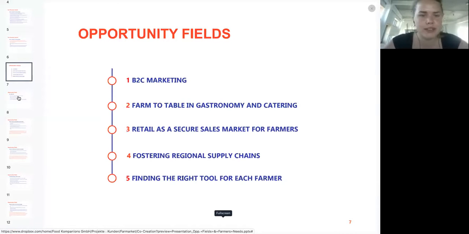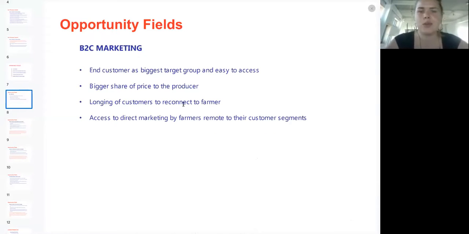The first one is kind of the initial one, to create a solution that goes directly to the customer. So we could see that, of course, this is a good idea because customers are the biggest target group. And this gives the opportunity, since there's nobody in between, to give a bigger share of the price to the producer.